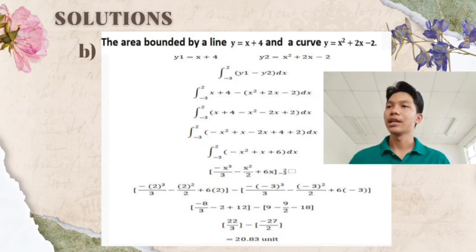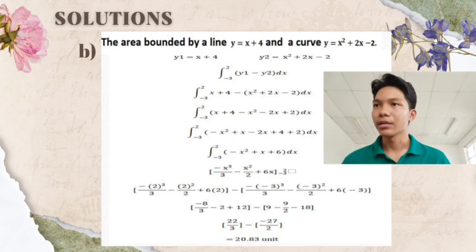And we can integrate, and we can get bracket negative x to the power of 3 per 3 minus x to the power of 2 per 2 plus 6x bracket, from negative 3 to 2.